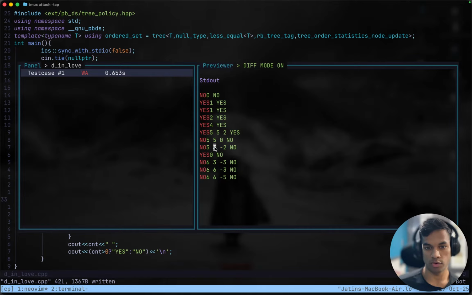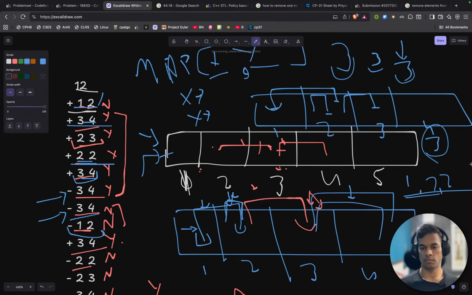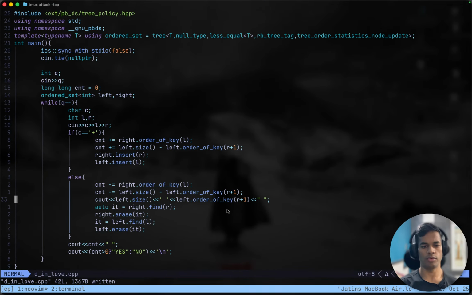Size of left was equal to 5, which is not right. 5 is literally not right. Okay, so we are not removing elements, it seems like.